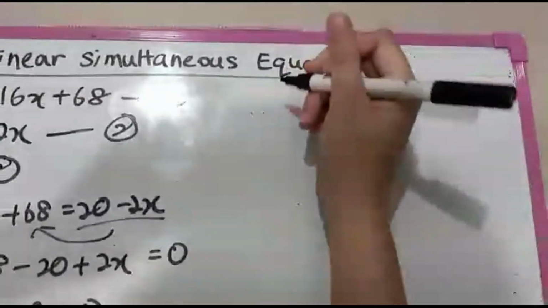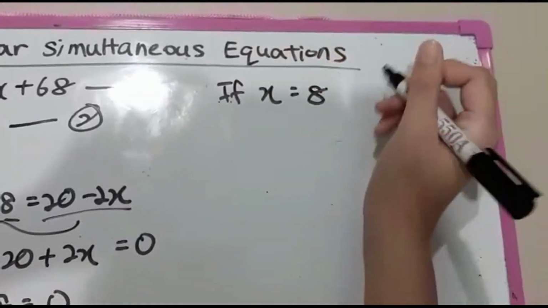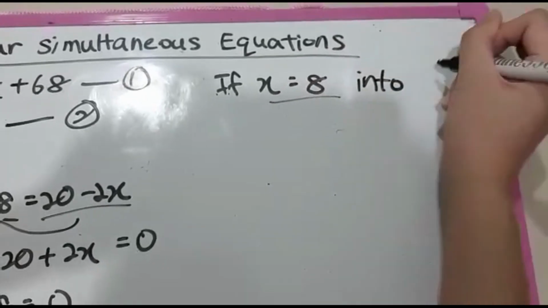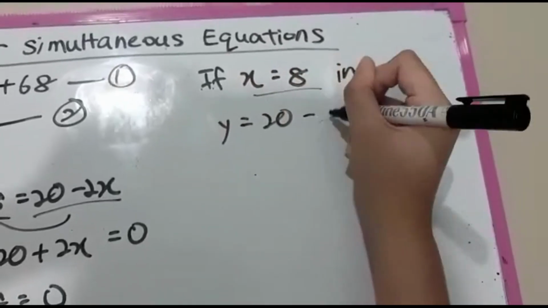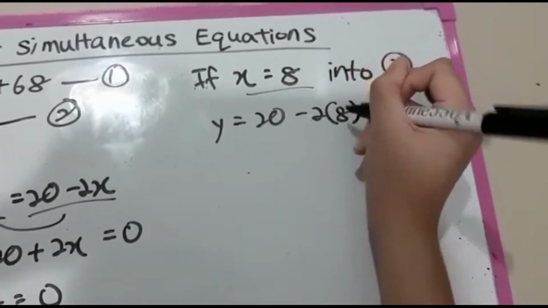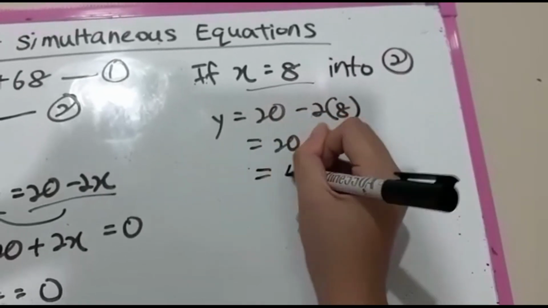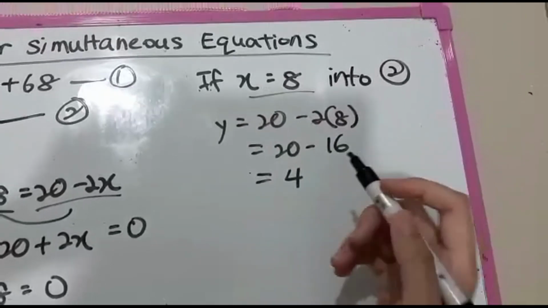And now we can find the y value. If x is equal to 8, then we can substitute this into equation 2. So if x is equal to 8, y will equal 4.